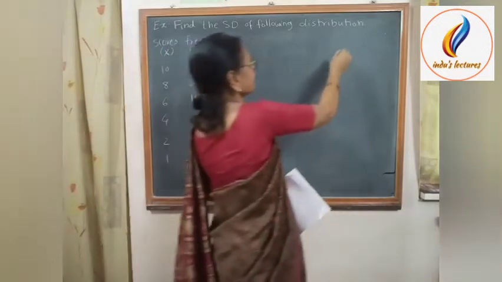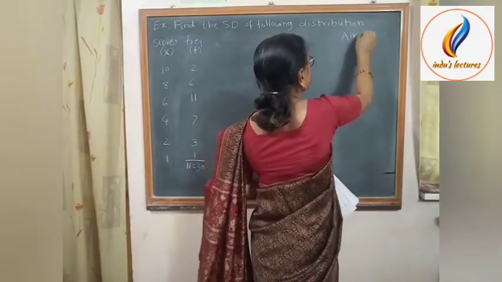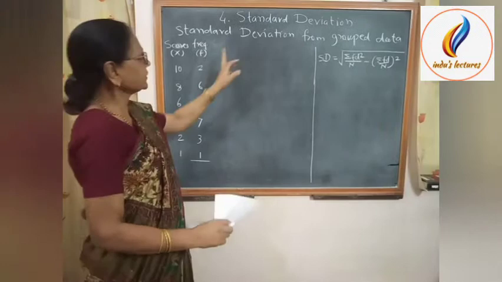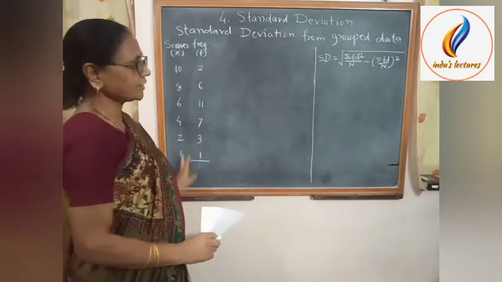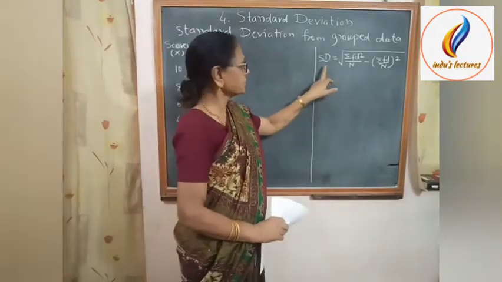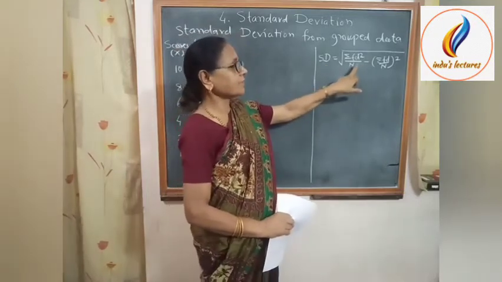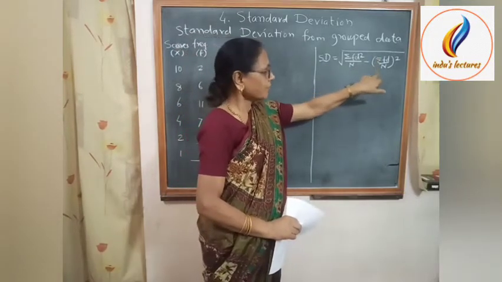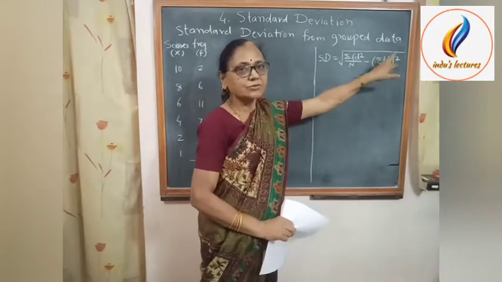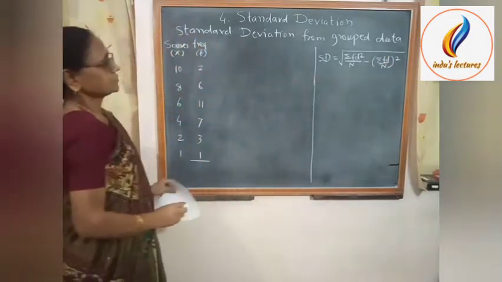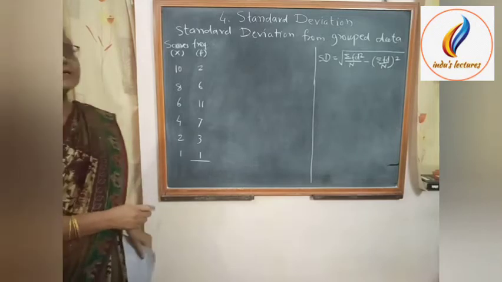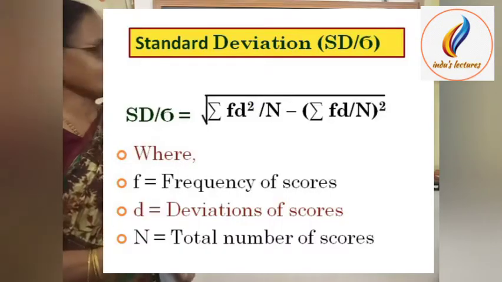So we can take the assumed mean. While calculating the standard deviation from this type of data, we have to use the formula: standard deviation is equal to under root of sigma fd square upon n minus sigma fd upon n whole square. So what is d here? d is the deviation.